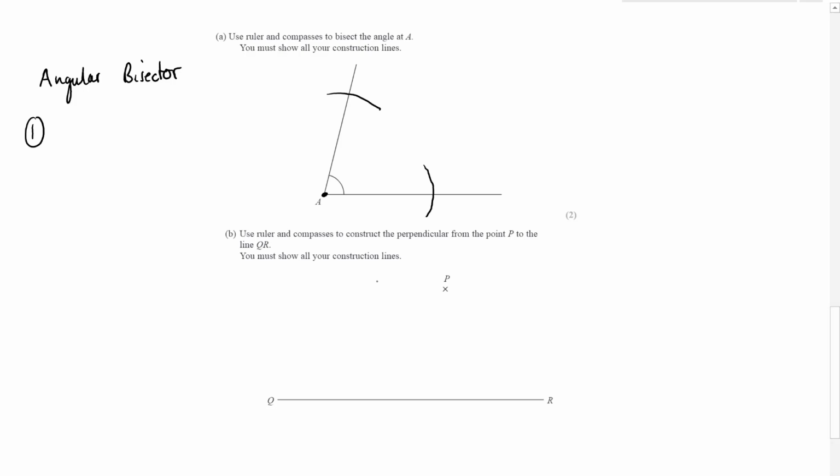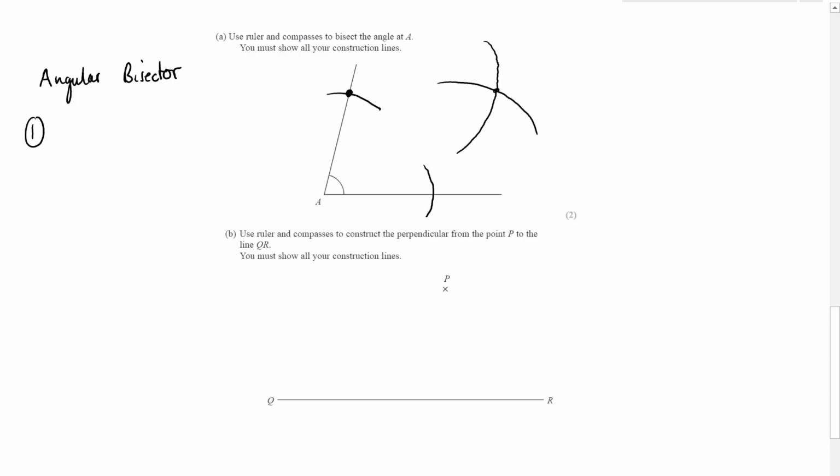Now, without changing the length, so you have to be really careful not to change the length, take your point off of A and put it onto this point here, and then draw an arc using the same length. So it should look something like this. Then you want to take your point off of there and place it onto this point, and then draw another arc with the same length that should look something like this.